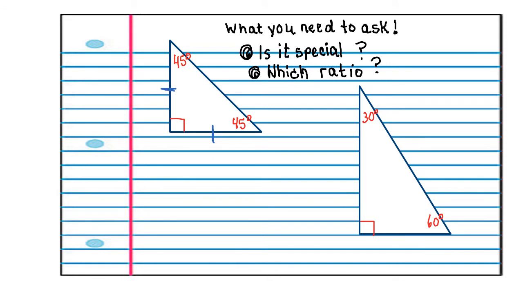We can also be just given a hypotenuse. So for instance, maybe we have 3 square root of 2, which means the sides are going to be the number in front of the square root of 2, a 3 and a 3. See? No calculator.